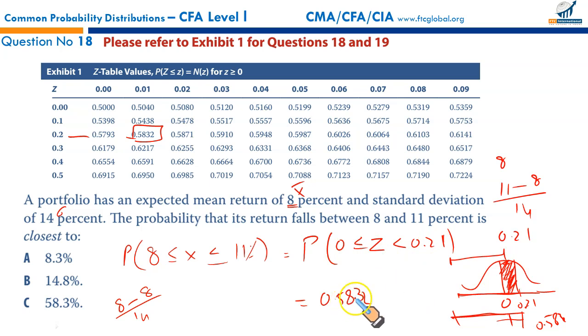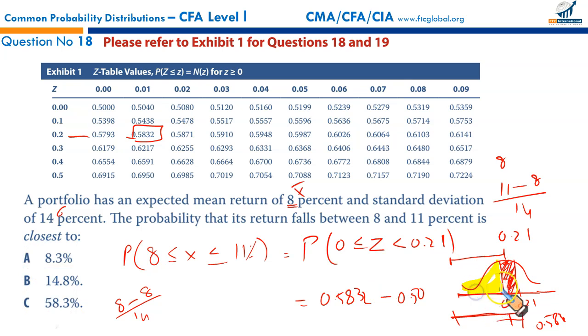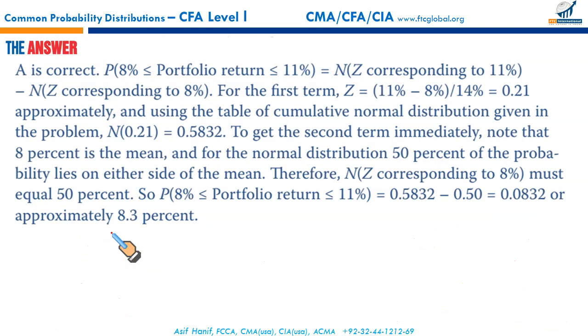So it's going to be 0.5832 minus 0.50, because this region here is basically 0.5. From 0.5832 we deduct this part, that's 0.5. So it will give you just 0.0832, which is basically 8.3%, which is given as A. Right? And A is your right answer.